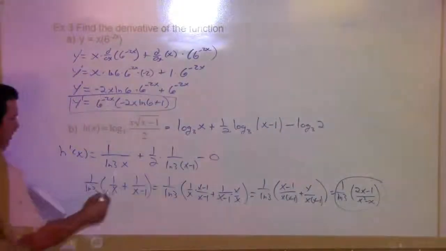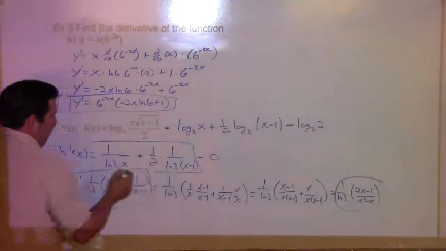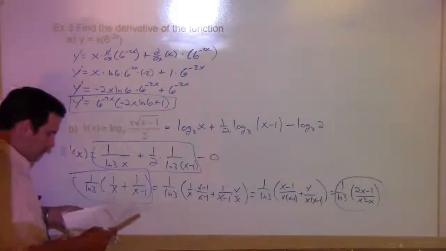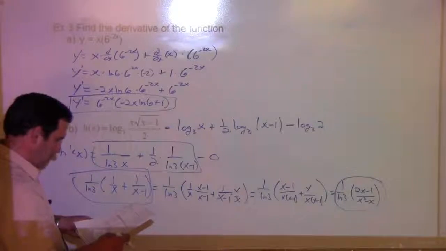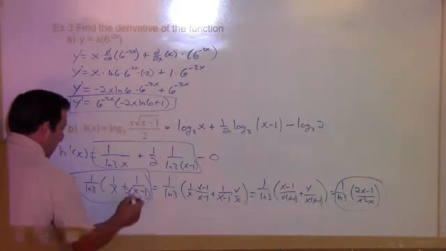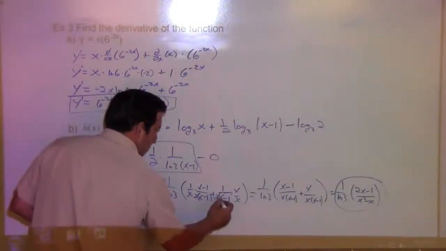Yeah, and these answers, I take this one, I take this one too. Oh, I forgot the 1/2, didn't I? There should be a 2 down here. And so should have a 2 on that part, 2 on that part.